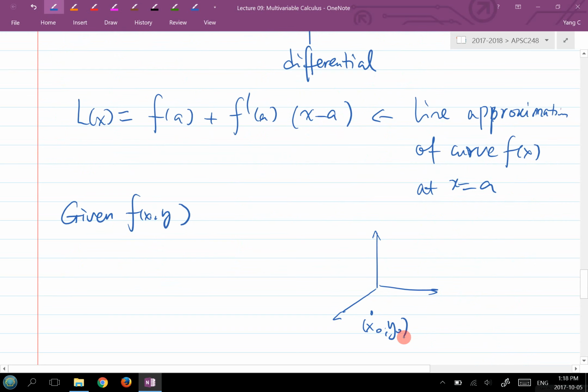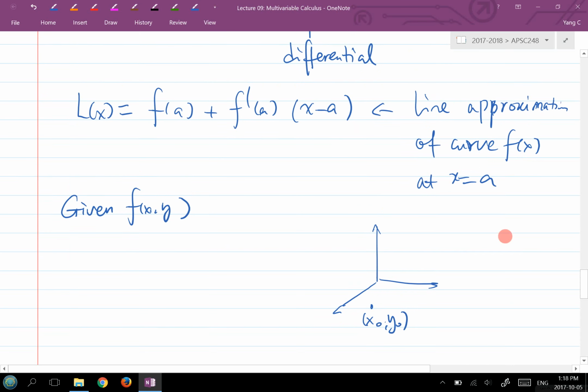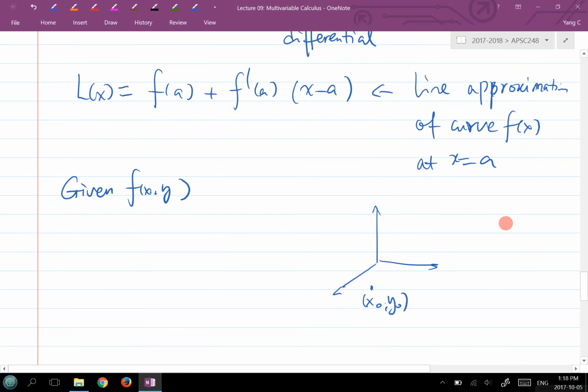Suppose you're initially at the x0, y0 location, and we're going to go from x0, y0 to another location.